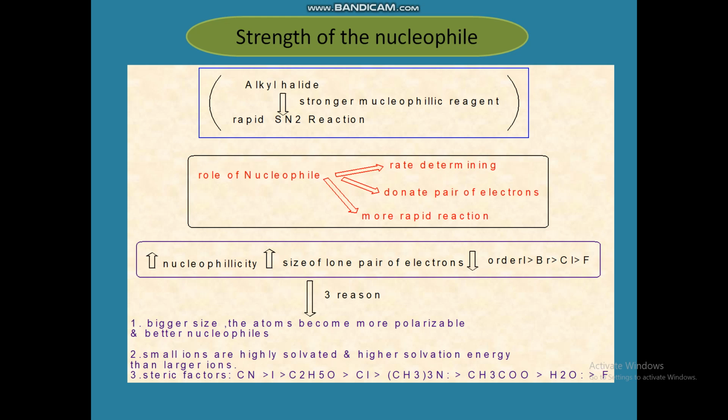The relative nucleophilicities of some important nucleophiles in SN2 reaction of methyl bromide follow this sequence: cyanide, iodide, ethoxide, then chloride, triethylamine, acetate ion, water, and fluoride.